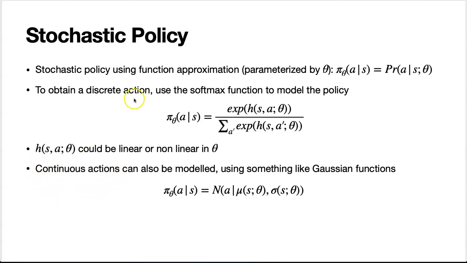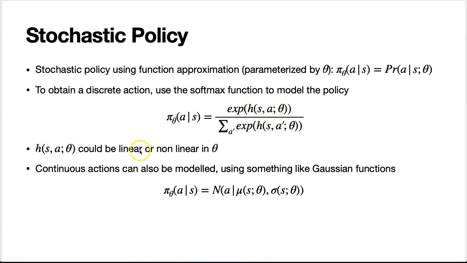Now, if our environment has discrete actions, it is common to use a softmax function to model the stochastic policy. In a softmax function, we have a function like h. Think of that as a scoring function, which is raised to an exponential, and it's divided by the sum of all exponentials over every action a prime, and this will return a probability distribution that can be used for the stochastic policy. So the stochastic policy can return a distribution given by this expression.